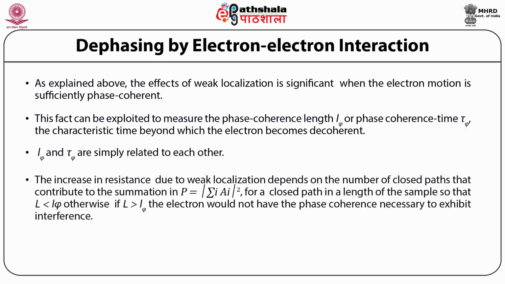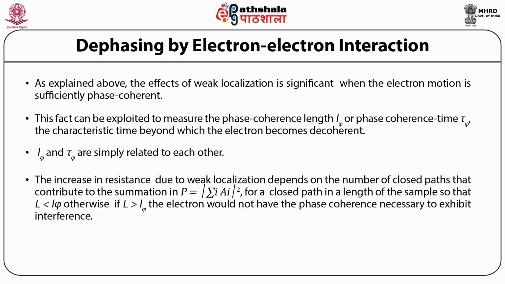The increase in resistance due to weak localization depends on the number of closed paths that contribute to the summation in P, that is equal to the summation over i of A_i, modulus the whole square, for a closed path in a sample of length L, so that L is less than small l phi.